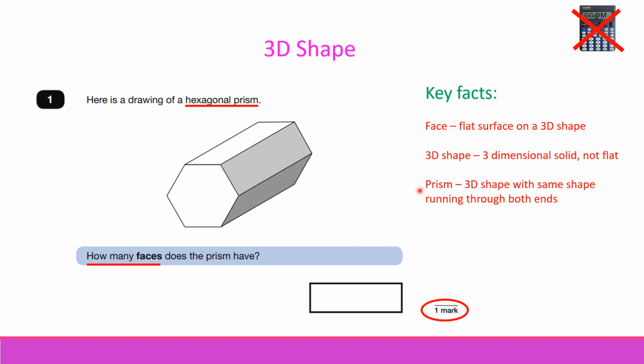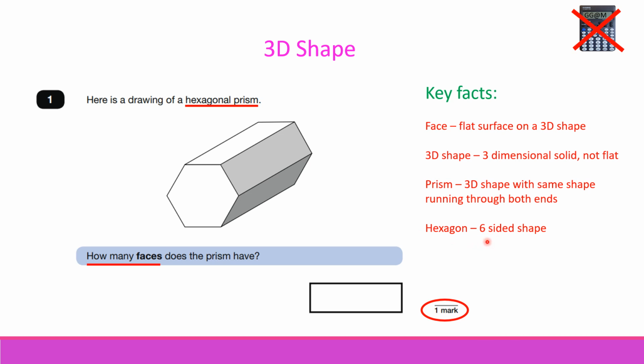A prism is a 3D shape with the same shape running through at both ends. So at one end of this shape here, I've got a hexagon, and at the other end, I will also have a hexagon. So it's the same shape throughout, which means it is a prism. It's a hexagonal prism because it is a hexagon at each end. You need to know that a hexagon is a 6-sided shape.